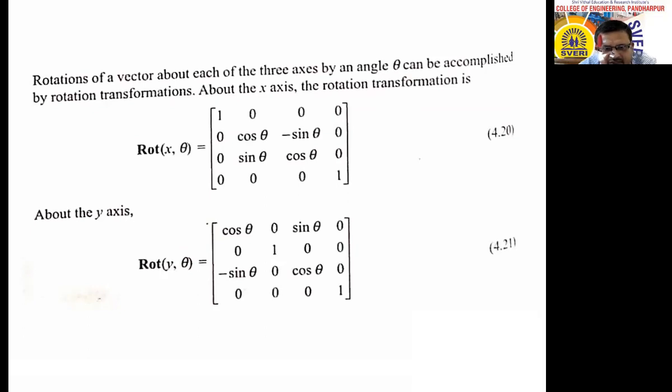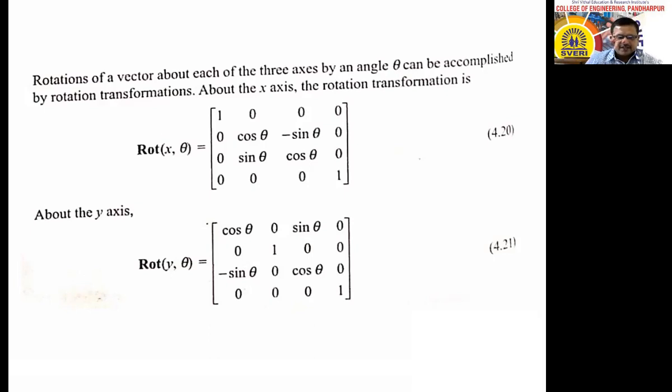Rotations of a vector about each of the three axes by an angle theta can be accomplished by rotation transformations. About the x-axis, the rotation transformation is rotation of x theta is equal to 1 0 0 0, 0 cos theta minus sin theta 0, 0 sin theta cos theta 0, 0 0 0 1.